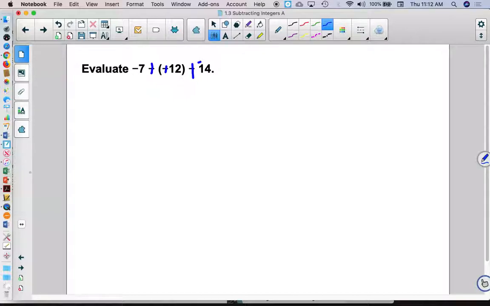Do you want to put the -7 and the -14 together and work it together first? So then I could rewrite this like this, because now it's all an addition statement. Do you agree? Remember we said that's the commutative property. It's an addition statement, I can move things.